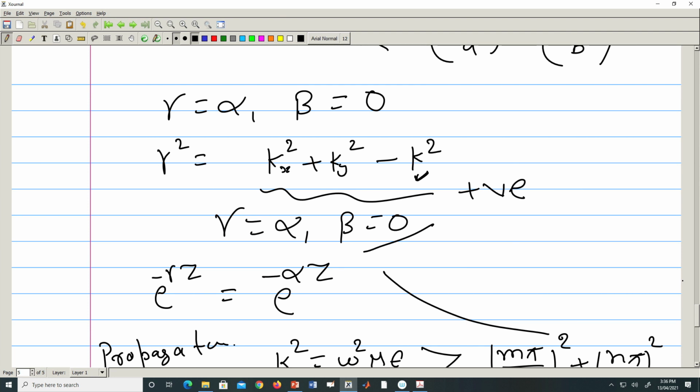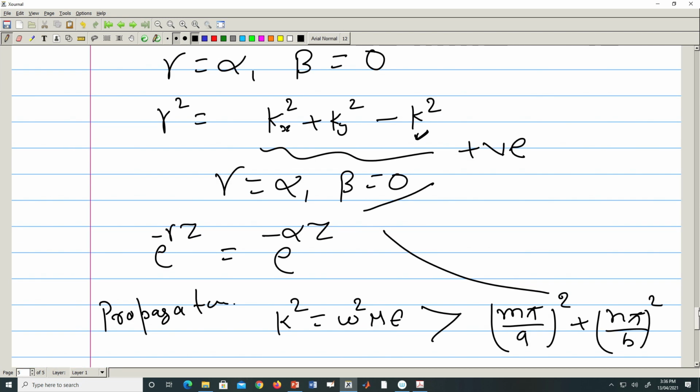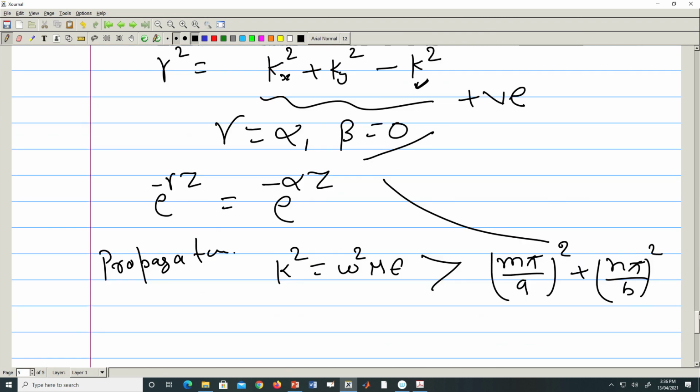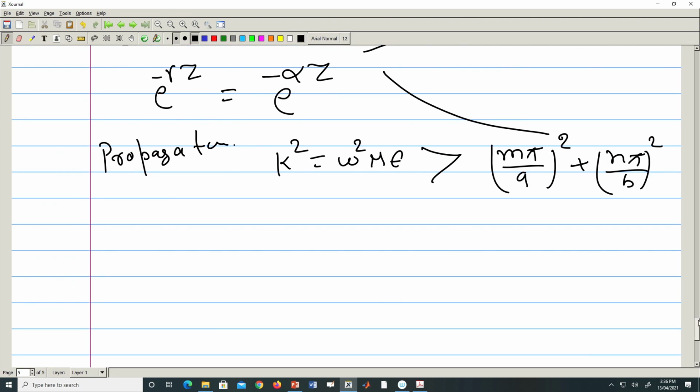So gamma will be j beta and alpha will be 0. In that case we get e to the power minus j beta z. So in this case it will not attenuate, but it will propagate along the z direction.